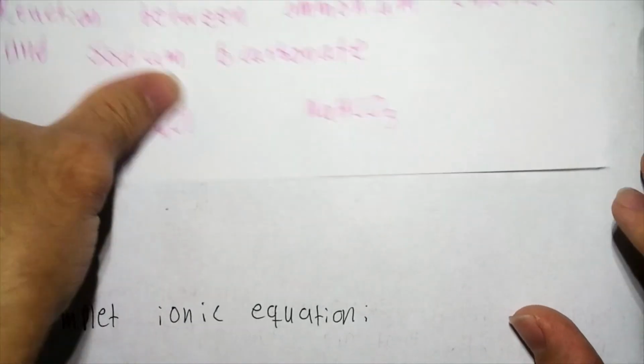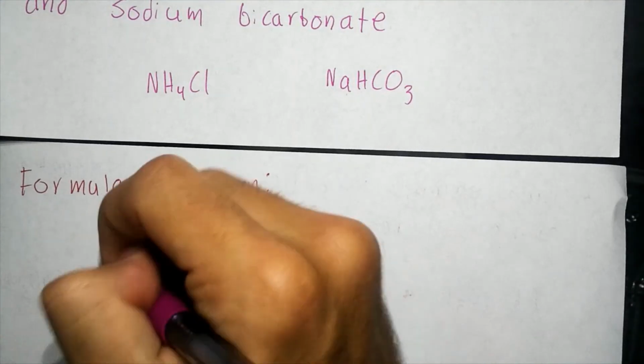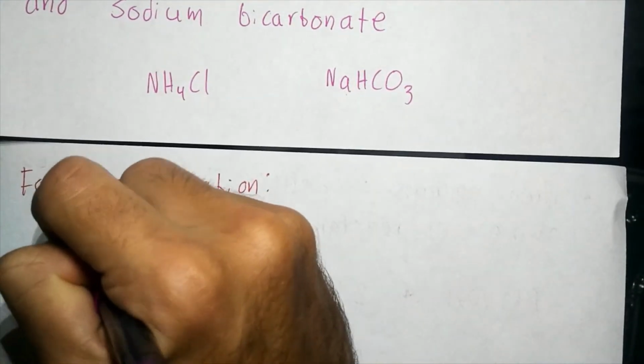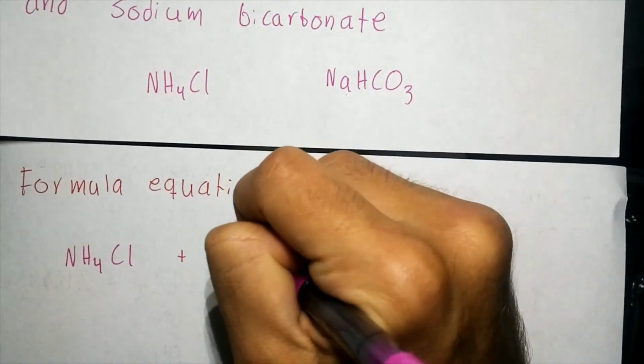Okay, so the reaction between the two, or the formula reaction between the two, is going to yield these things. So it's going to be ammonium chloride plus sodium bicarb.